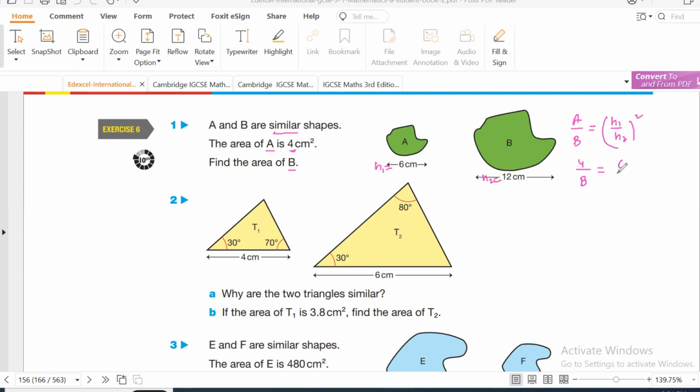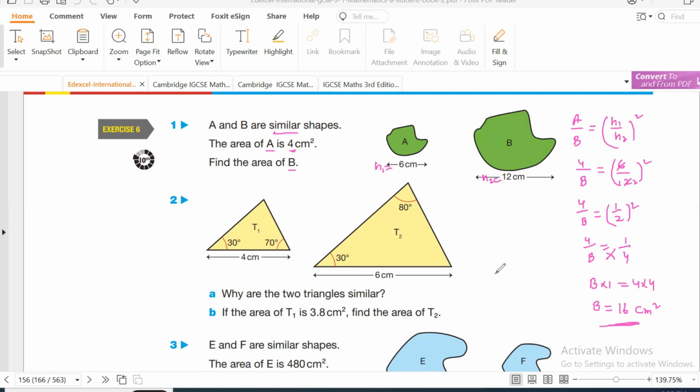So we will say 6 over 12 whole squared, equal to 4 over B. We can simplify inside as well: 1 over 2 whole squared. If we apply the square, it gives us 1 over 4. After this, cross multiply: B multiplied by 1 and 4 multiplied by 4. That gives us B is equal to 16 centimeters squared.